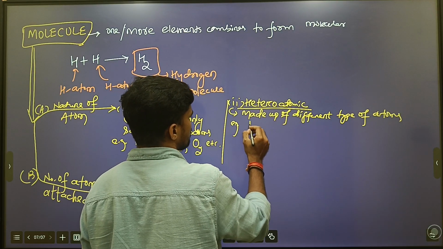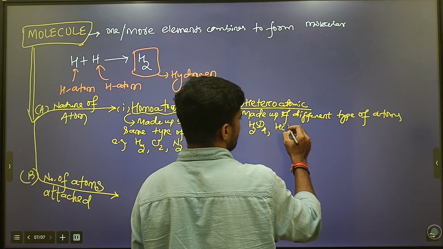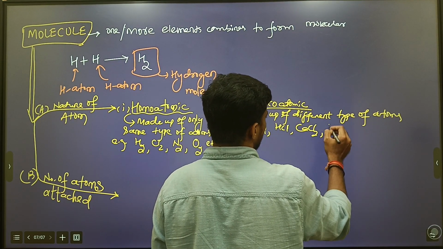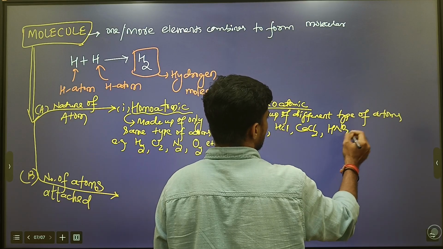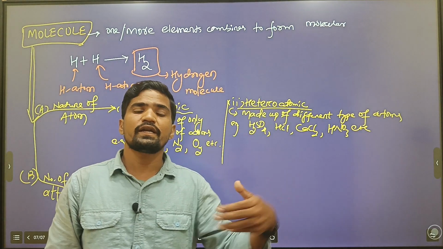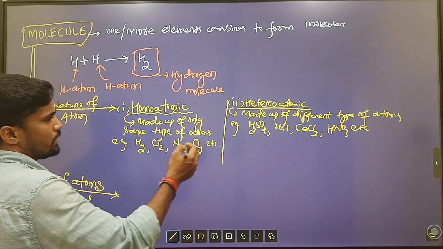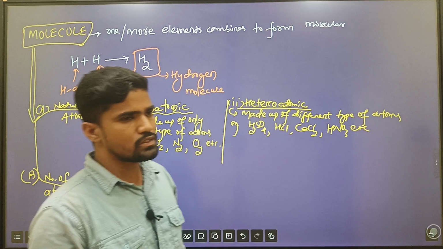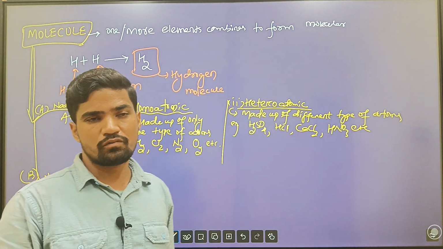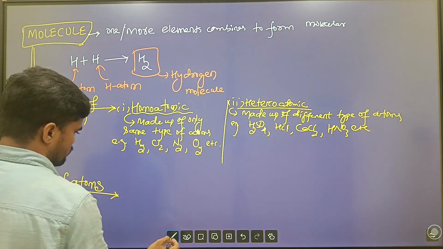Example, beta: sulfuric acid, HCl, calcium chloride, nitric acid, etc. These are made up of different types of atoms. So the molecule which is made up of different types of atoms is called a heteroatomic molecule.